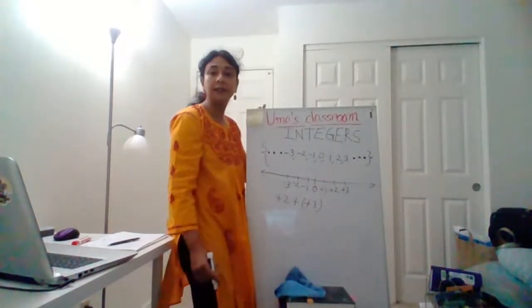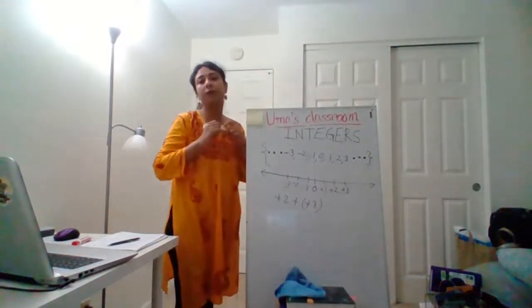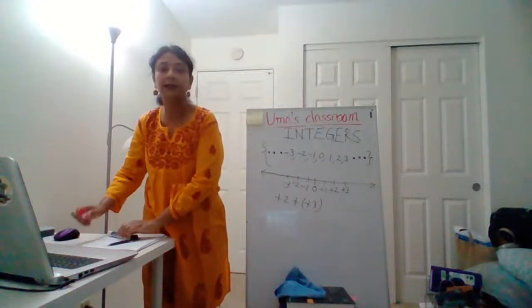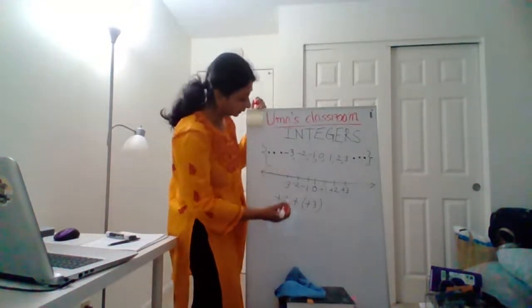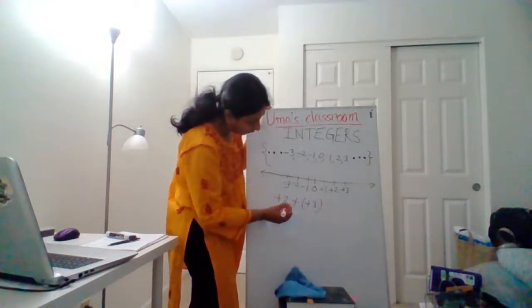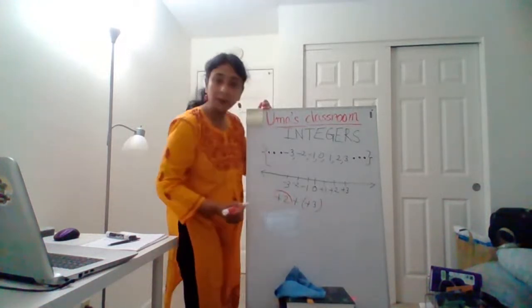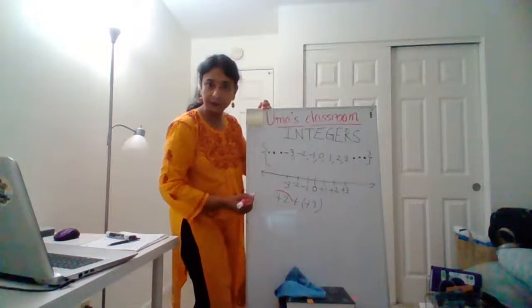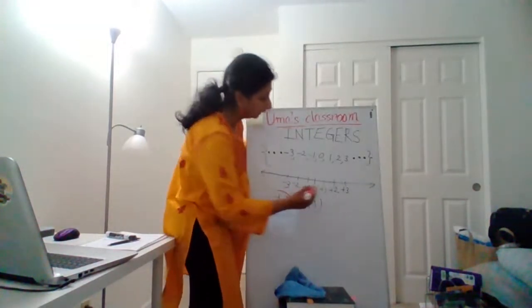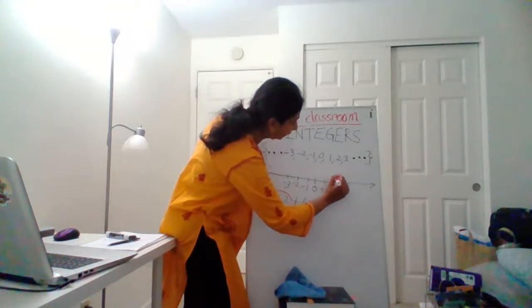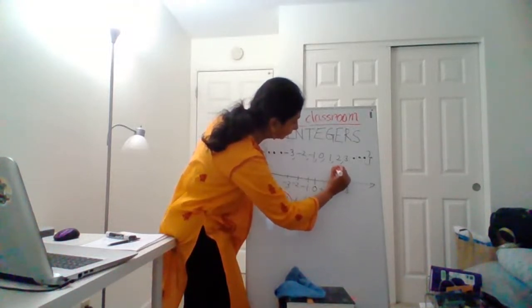This is a very easy one. So first let's mark on the number line where is +2 and where is +3, or how should we proceed? I'm showing you. This is +2, my first number, and I can clearly see from the number line, this is the position of +2.